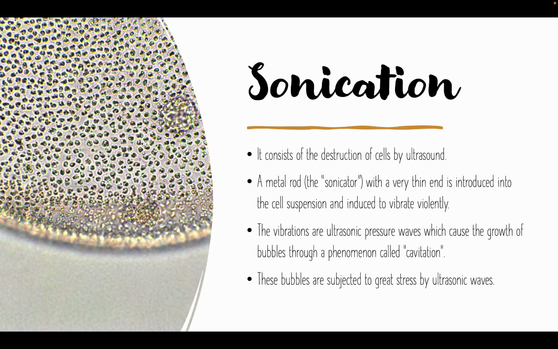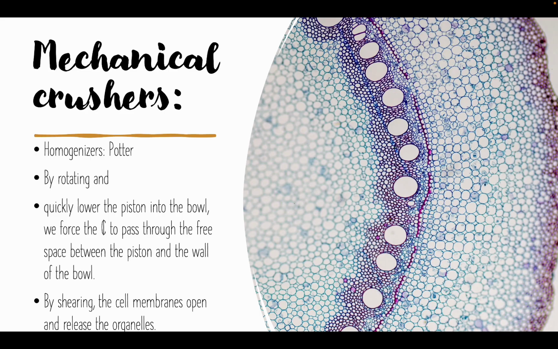These bubbles experience a lot of stress because of the powerful sound waves. In simpler terms, imagine using a magic vibrating rod to make cells burst. It's like turning up the volume on sound waves, which creates bubbles that get super stressed and help break the cell.